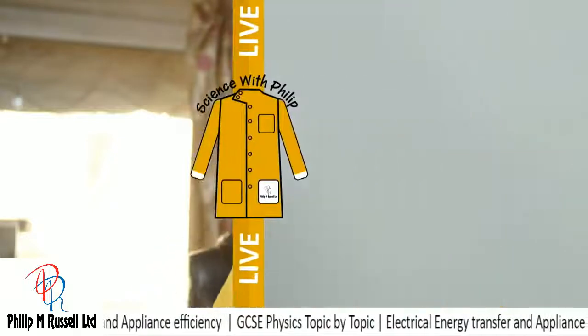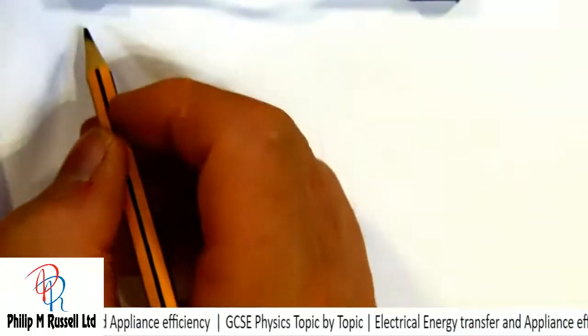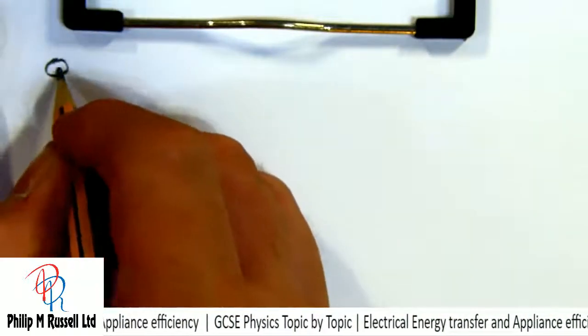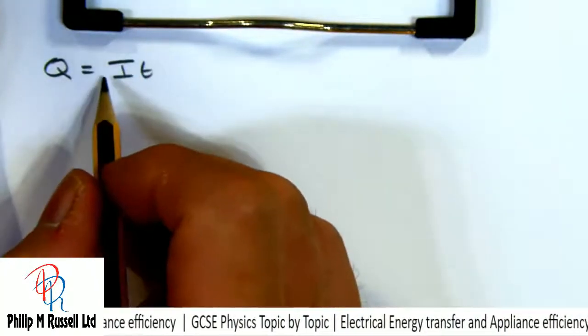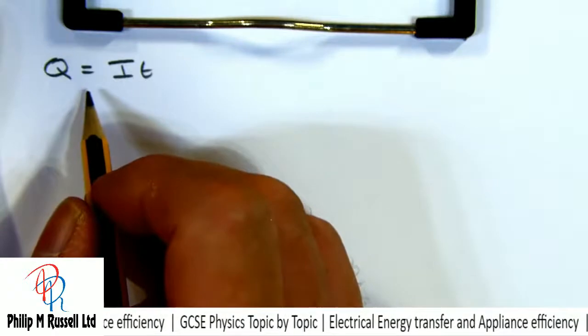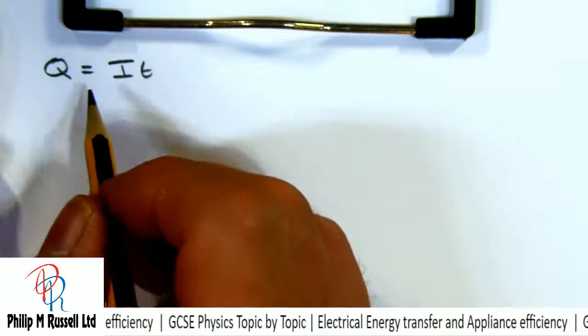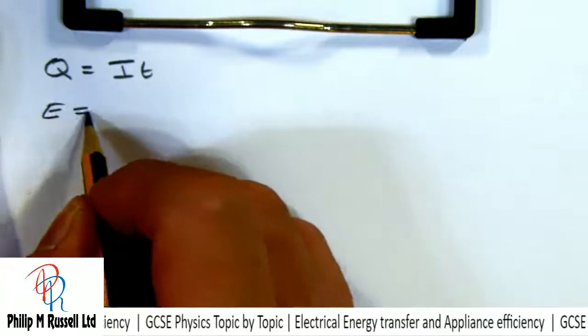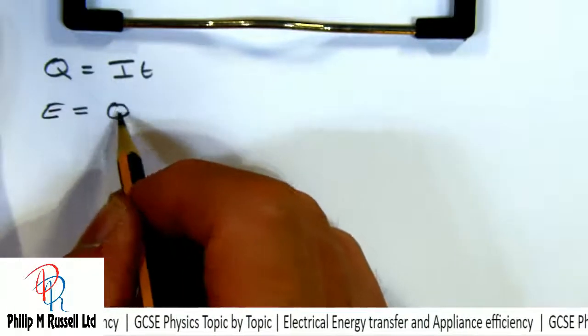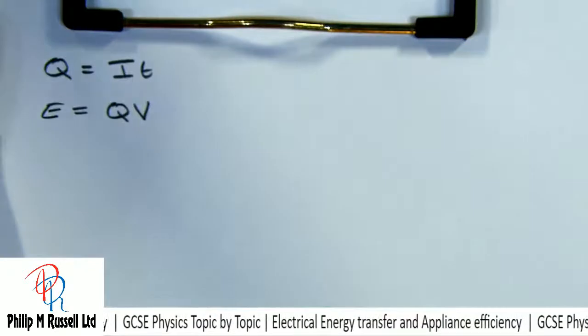We need to remember that Q equals IT, the charge flow. We remember that it basically gets hot, and we remember the energy transfer as Q times V.